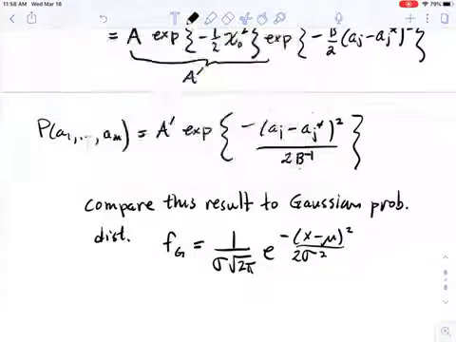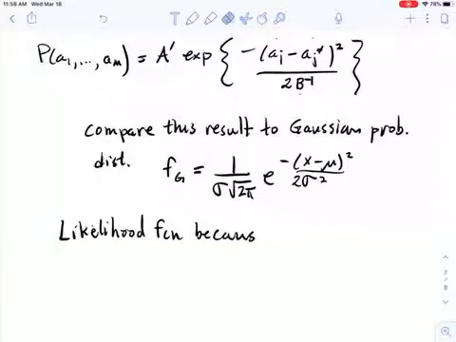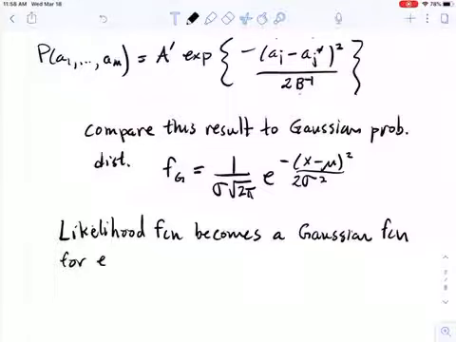And so if we make that identification, we can determine that the likelihood function becomes a Gaussian function for each of the aj parameters.